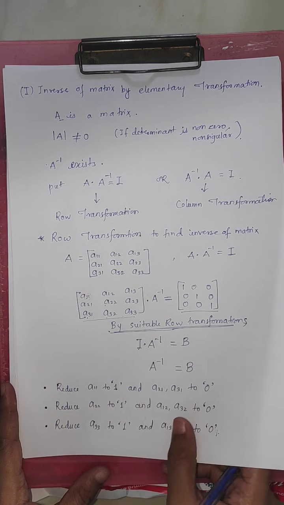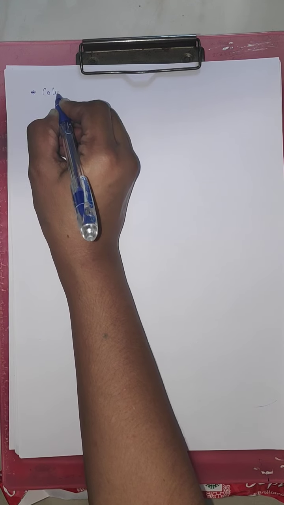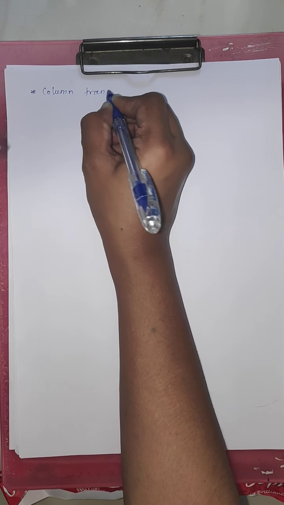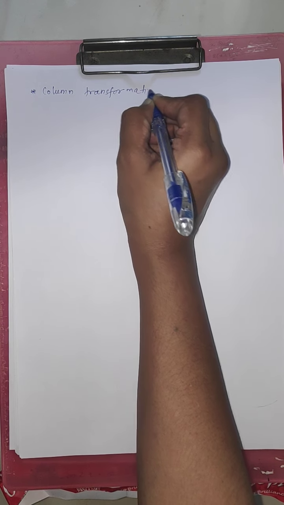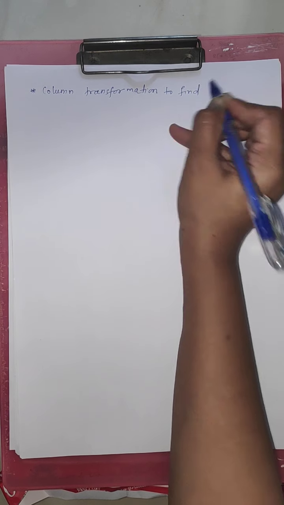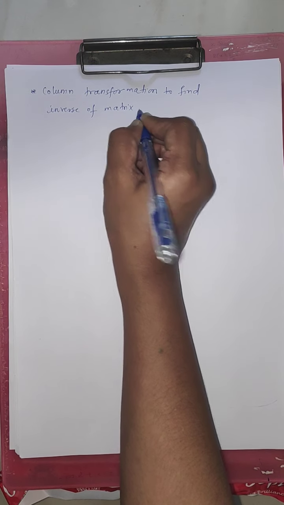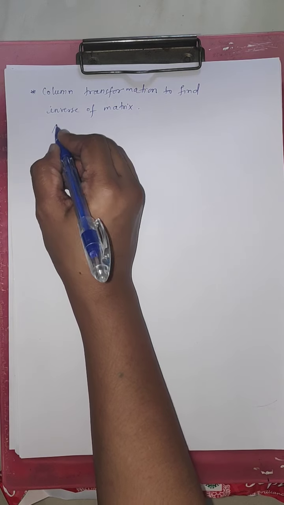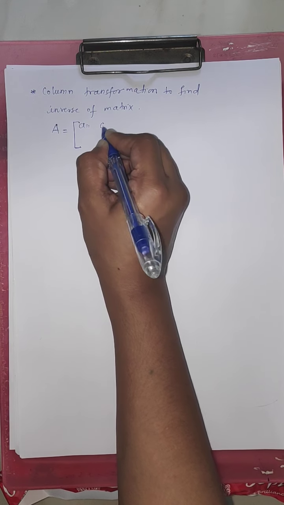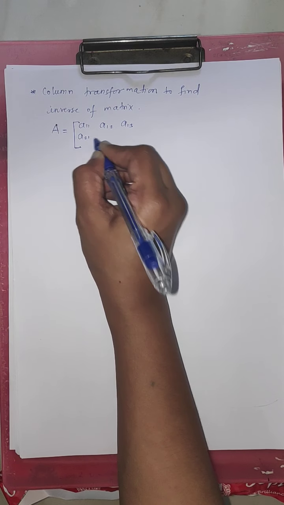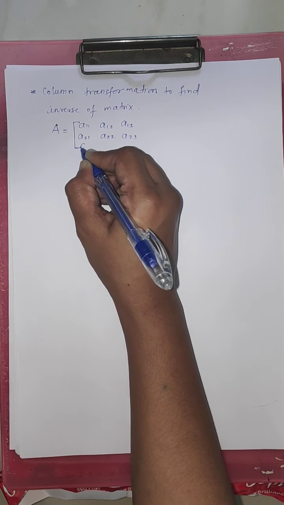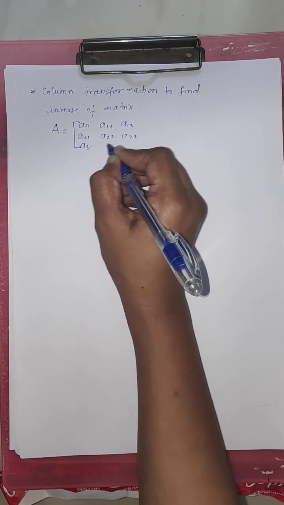Okay. Now we will see column transformation to find inverse of matrix. Again, suppose there is one matrix A, A11, A12, A13, A21, A22, A23, A31, A32, A33. So for column transformation we will write A inverse into A is equal to identity.